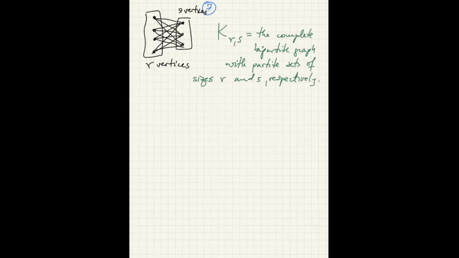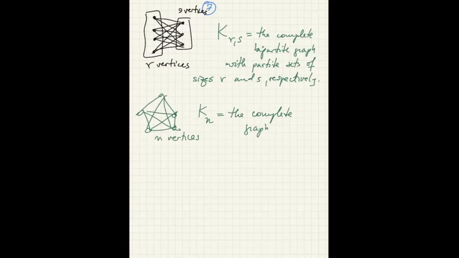And it's the analogue of, I guess I haven't defined it until now, K_n. If I have n vertices and I put all the edges between any two pairs, K_n is called a complete graph on n vertices. So the complete graph on n vertices is bipartite only when n equals 2.